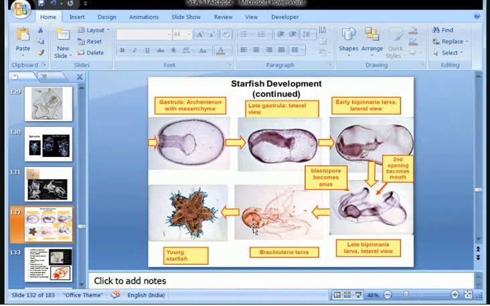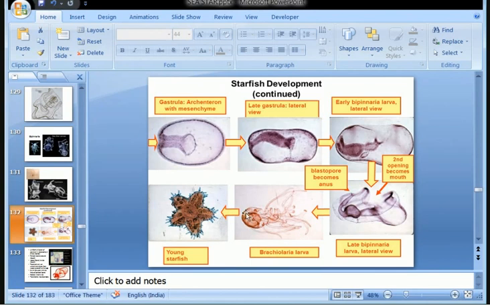And these arms actually don't have further use in the adult or young starfish development. They are shed off. They are important at first in swimming, and then they attach to some substratum. Suckers develop on these arms, they attach, and then they are broken off.